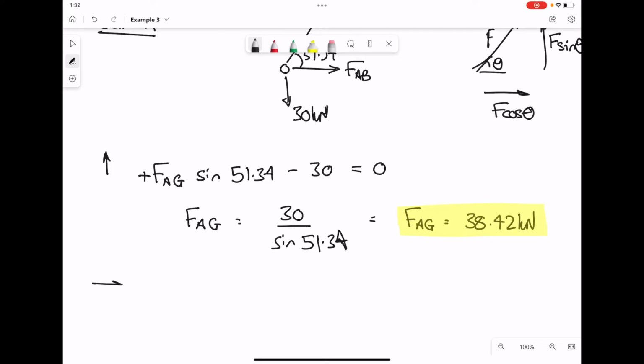Now doing the horizontal resolve at the same joint, we have force AB acting to the right, therefore it's positive, plus this time force AG acting horizontally, therefore we're going to use the cos of our angle.